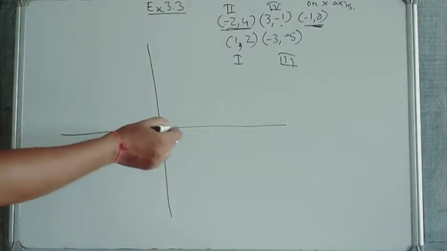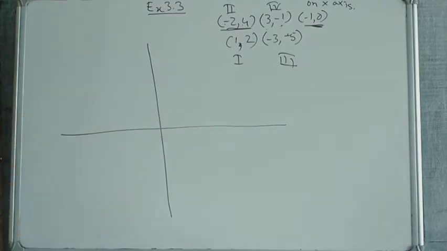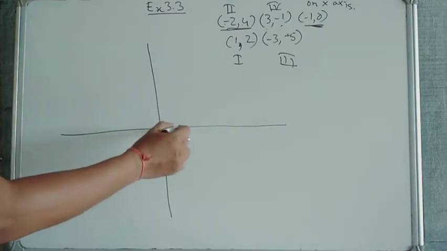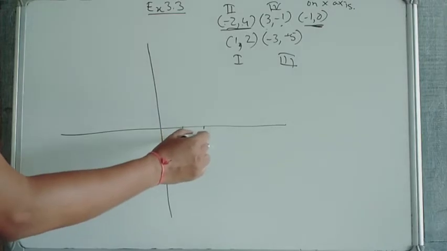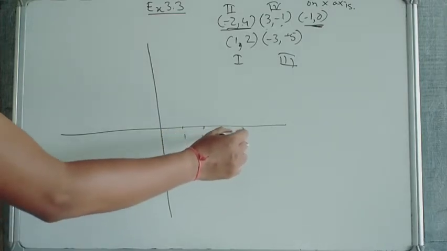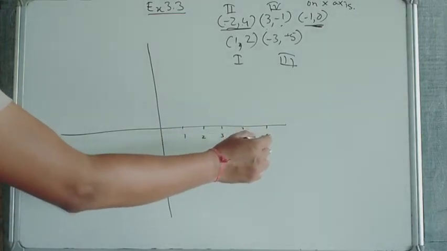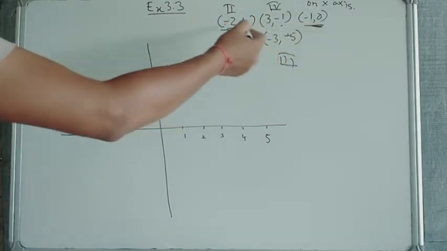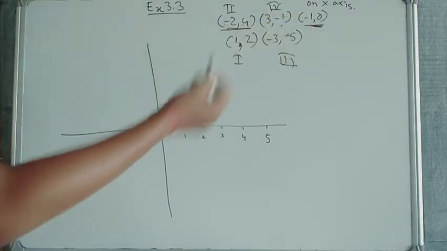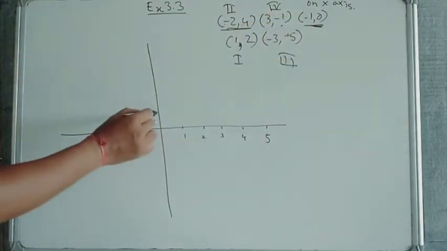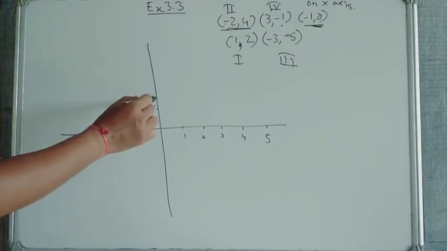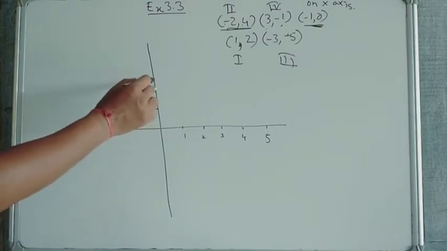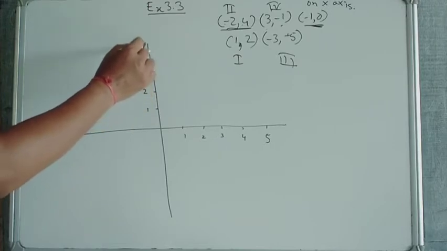You take 1 centimeter in scale. So it will be 1, 2, 3, 4, 5. Our highest value is 5, so I'll take till 5 only.